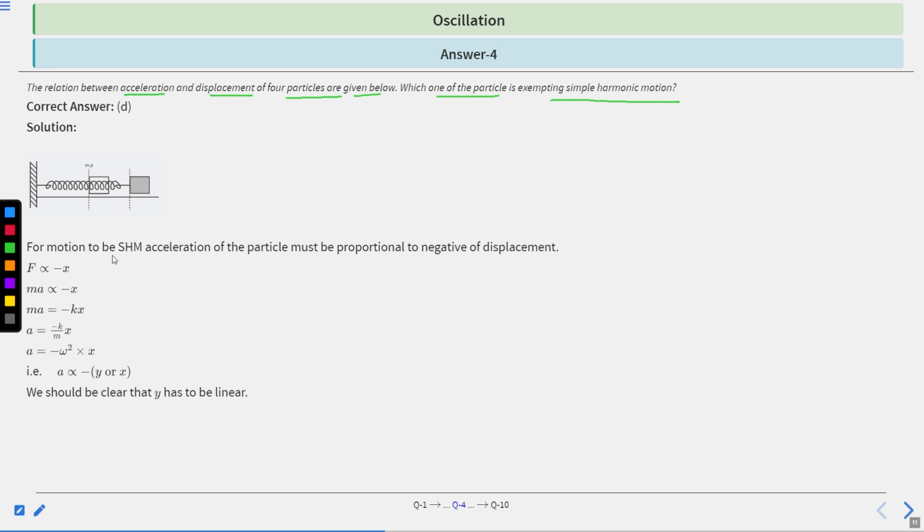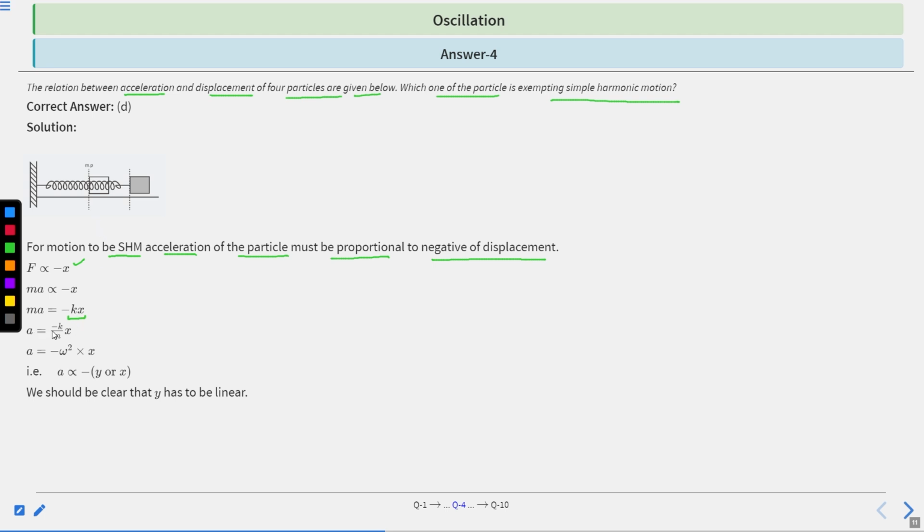For SHM, the acceleration of the particle must be proportional to the negative of displacement, which is F directly proportional to minus x. We know this formula: F is ma, which is proportional to minus x, so ma is equal to minus kx. This is the restoring force acting towards the left side to reach the mean position.